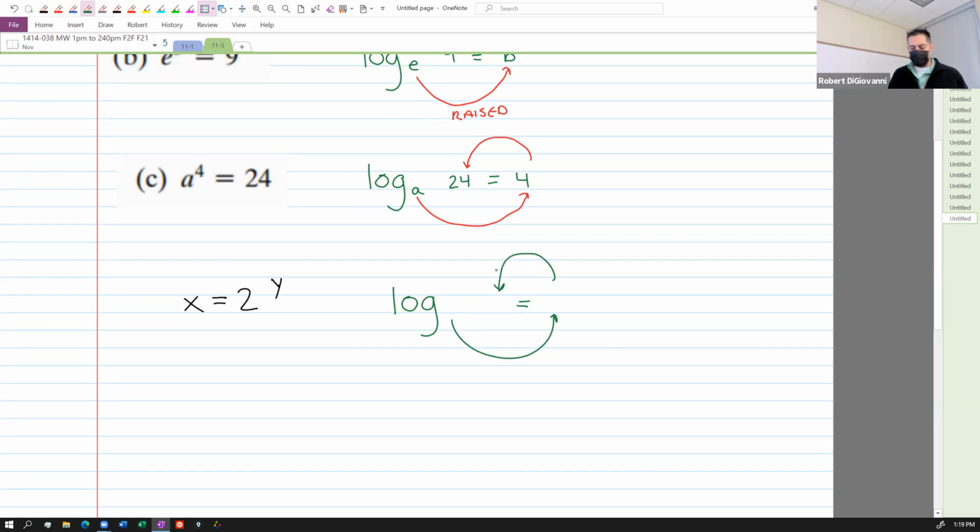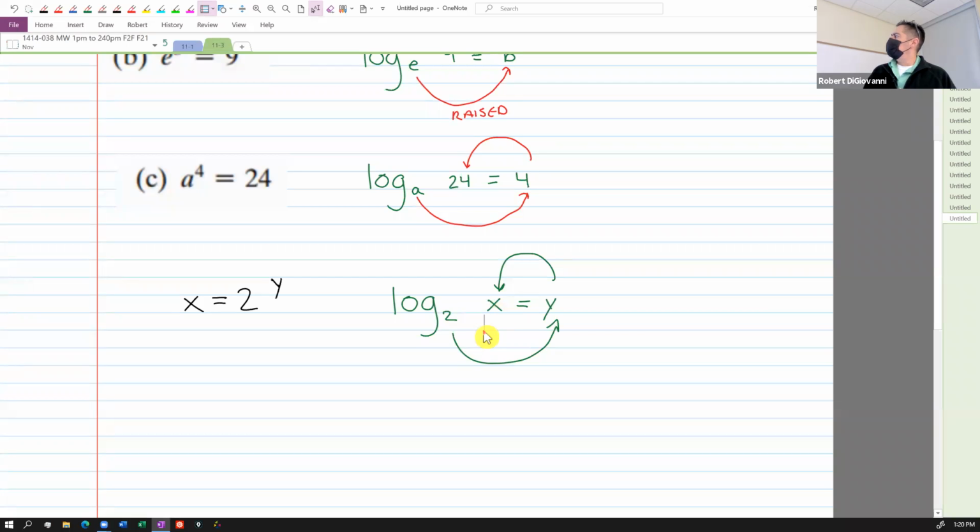So what's the base I'm going to put here? 2. So 2 goes here. What goes on the other side of the equation? Y. And then what goes here? X. Do y'all see that? Y equals log base 2 of x.